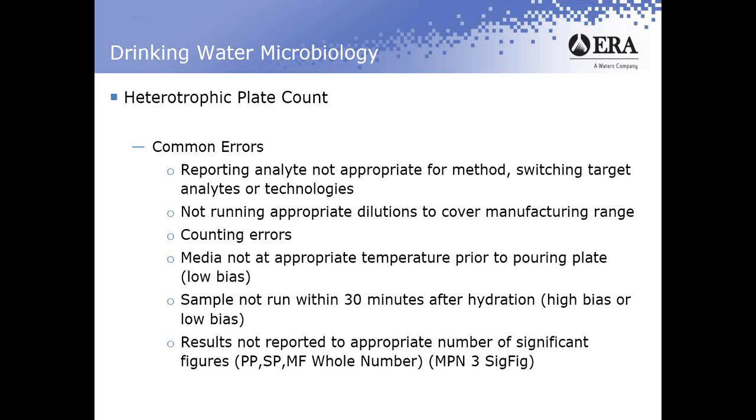Samples not run within 30 minutes after rehydration, potentially can cause either a high bias or a low bias. And then results not reported to the appropriate number of significant figures. Pour plate, spread plate, membrane filtration type methods get evaluated as whole numbers, and MPN methods get evaluated at 3 sig figs.